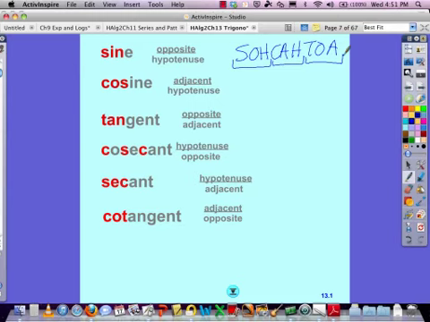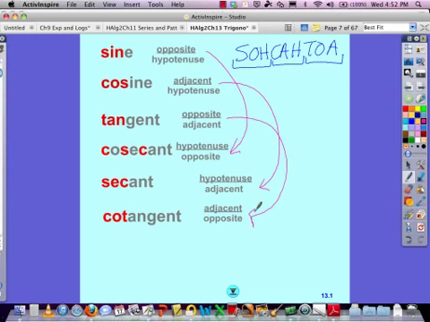And start looking. We had sine was opposite over hypotenuse. We now have the cosecant is the hypotenuse over the opposite. The cosine was adjacent over hypotenuse. The secant is hypotenuse over adjacent. And the tangent was opposite over adjacent, so the cotangent has to be adjacent over opposite.